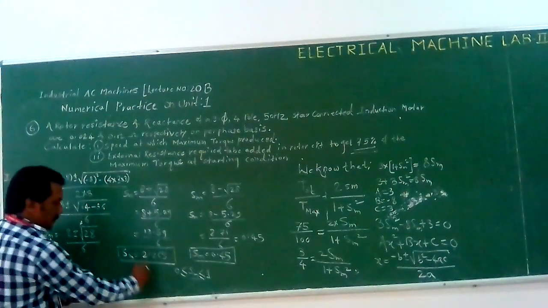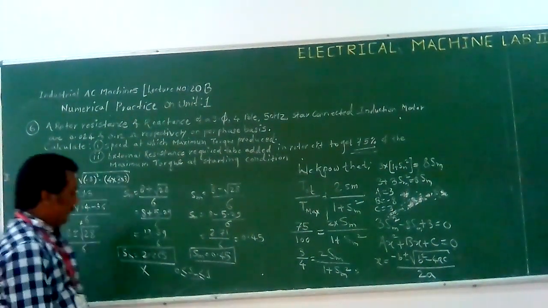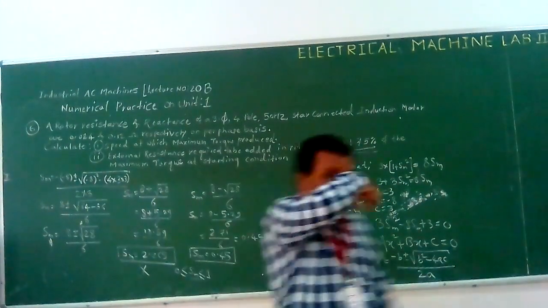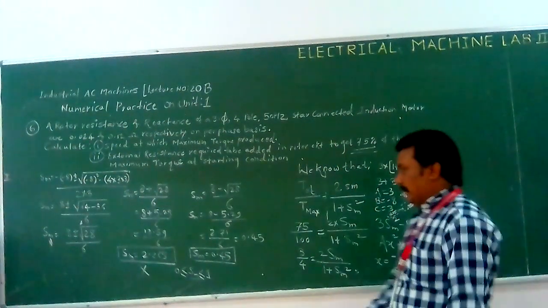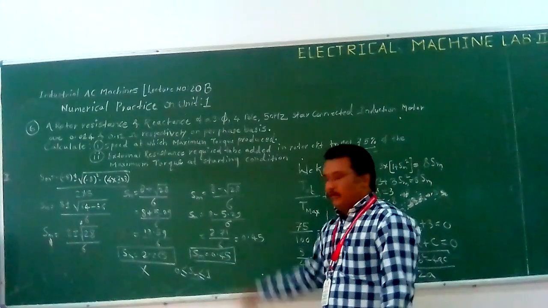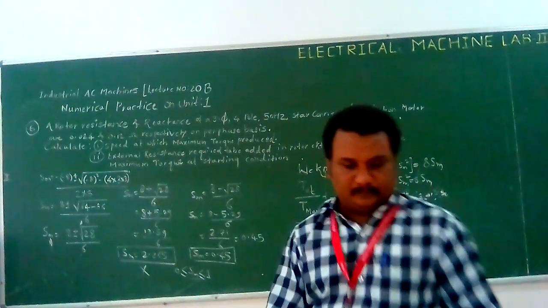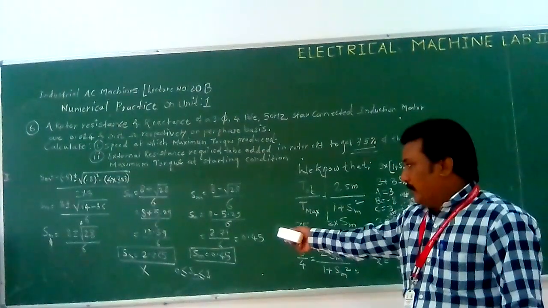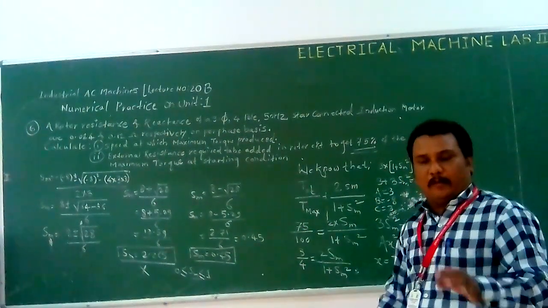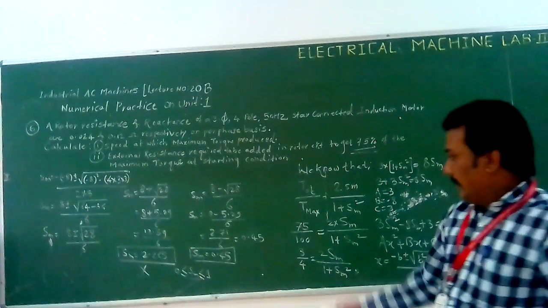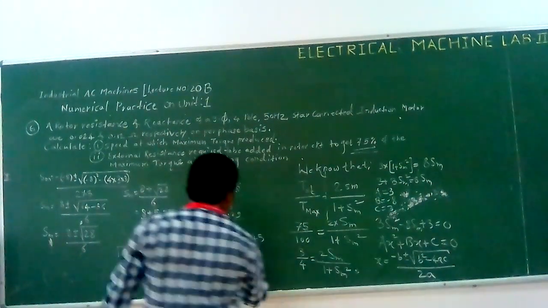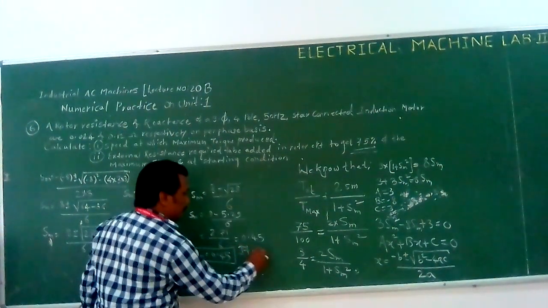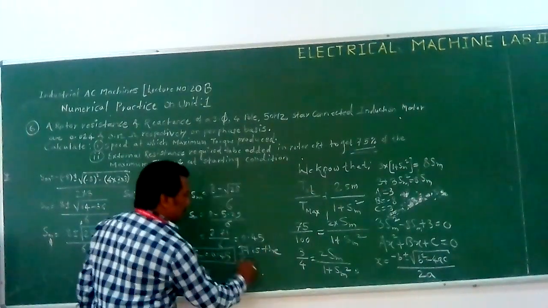So in this case, this value cannot be applicable. Hence, we consider only Sm is equal to 0.45. Now, the maximum slip is 0.45, which is the correct value.